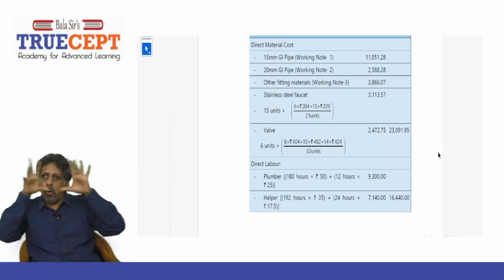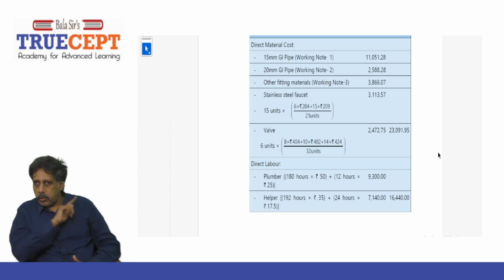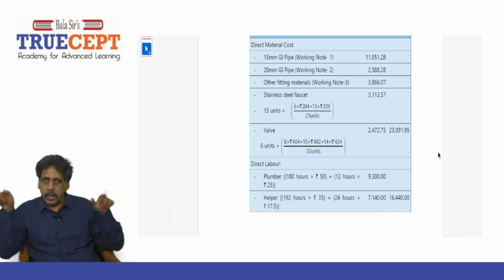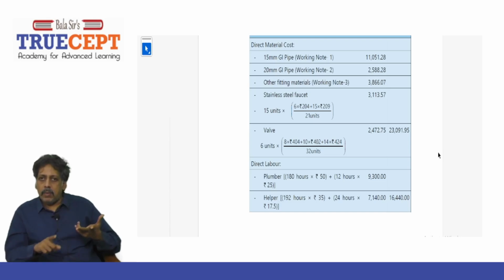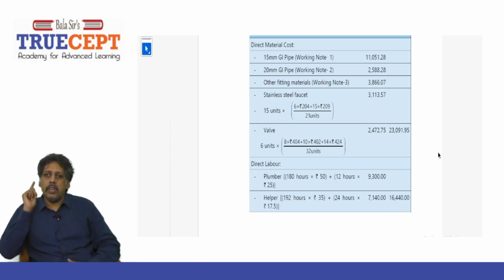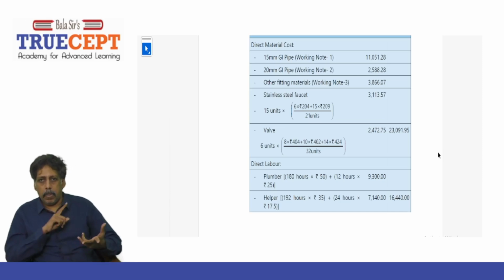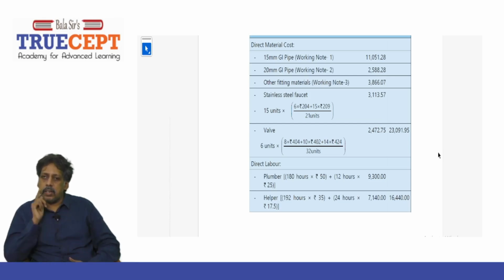Add both, divided by 21 units. That's what you get even if you make a table. Get the average cost per unit, into the 15 units used for the job. How much do you get? We get 3,113.57. And that is the cost of the 15 units issued and consumed for the job.